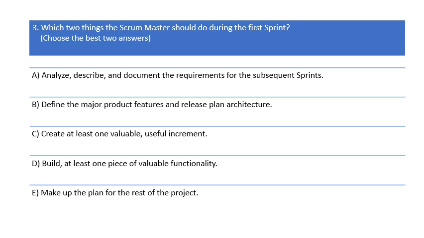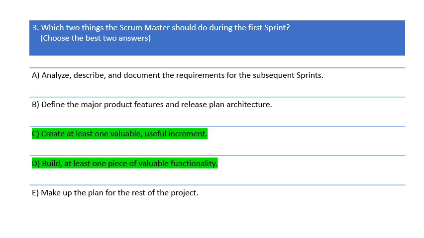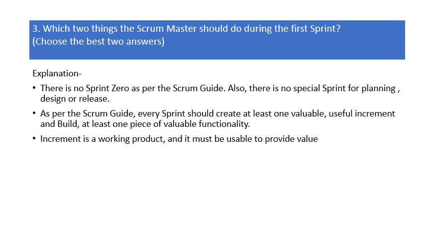Let me know what option you have chosen. You can see the right answers on the screen. It is option C and option D. Let us see why the answers are option C and option D. There is no Sprint 0 as per the Scrum Guide.